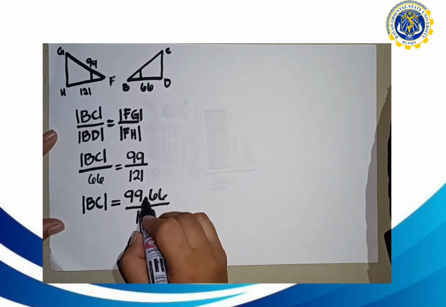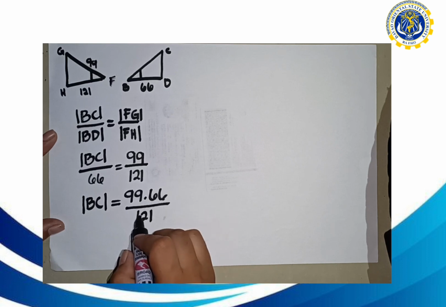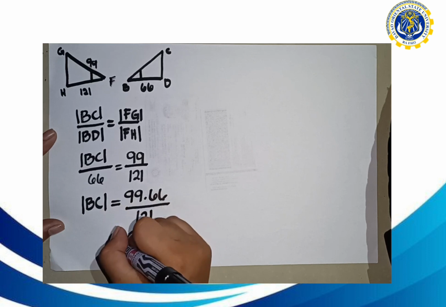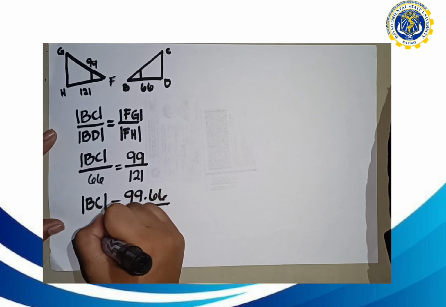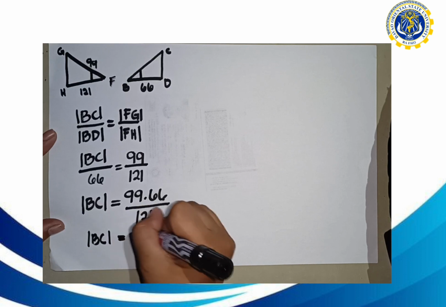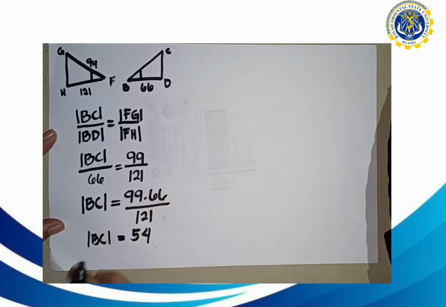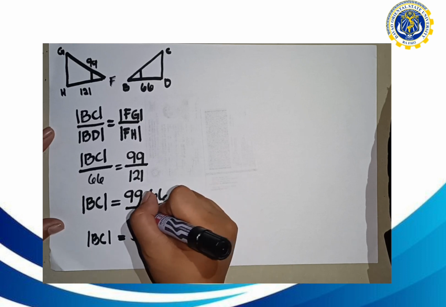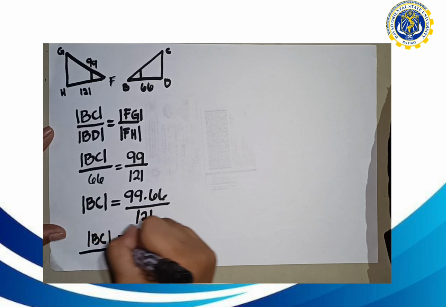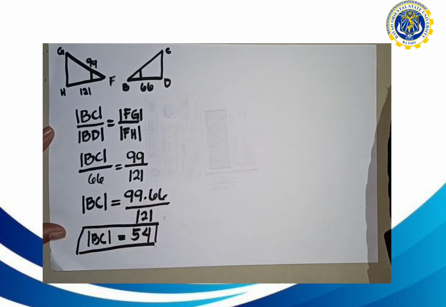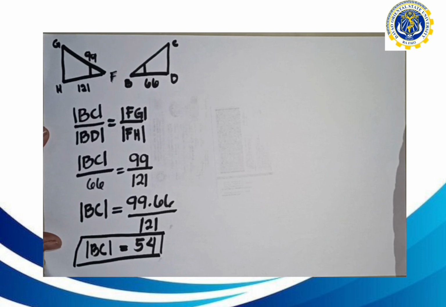So 99 times 66 divided by 121 gives 54. So our unknown BC now is 54. So that's it, and I hope that you know how to solve using the triangle proportionality theorem.